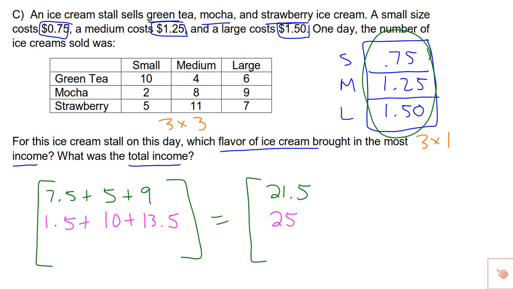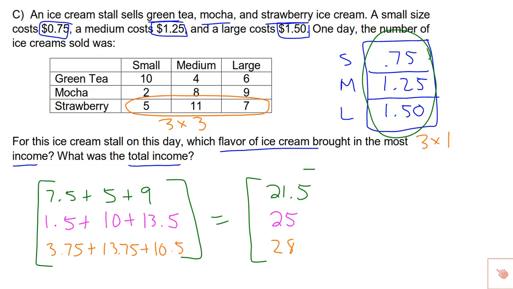And we're going to do the last stage, multiplying by this final row. 5 times 0.75 is 3.75. 11 times 1.25 is 13.75. And 7 times 1.50 is 10.50. Adding those together, we get 28.